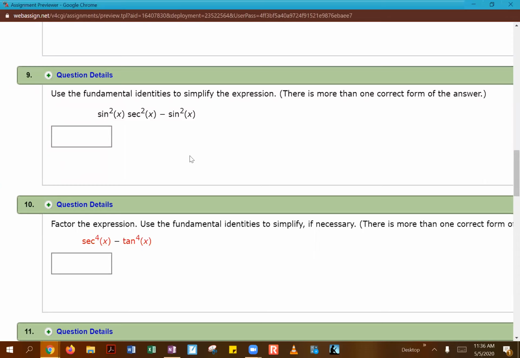Okay. So you're leaving that sine squared as it is, and you're turning secant into 1 over cosine squared. Okay, all right, now what? We could use, yeah, like a dead end.